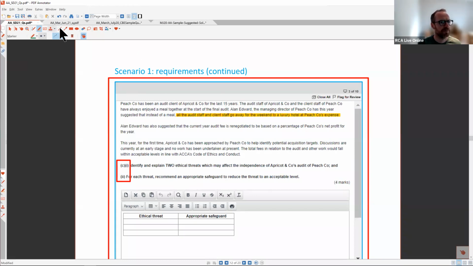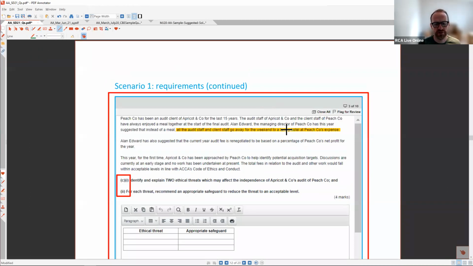What you need to be looking at on this one is whether it's insignificant or trivial. For hospitality, in order to accept it, it must be insignificant, trivial.